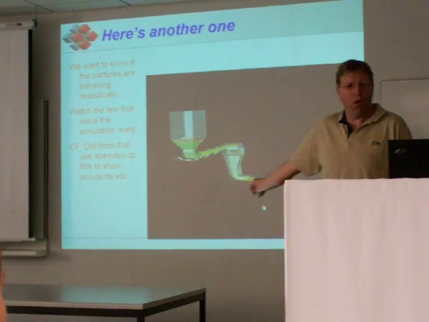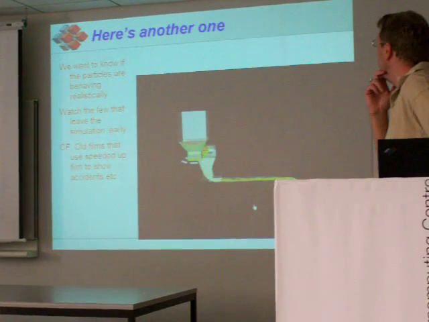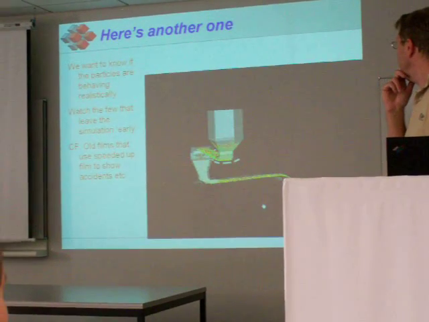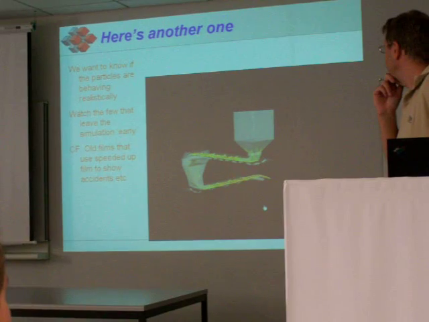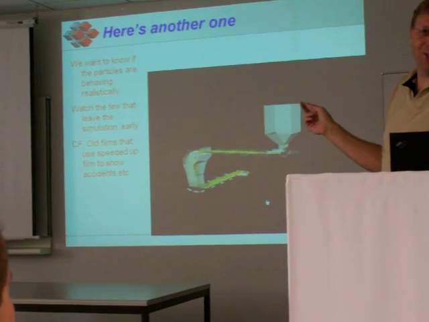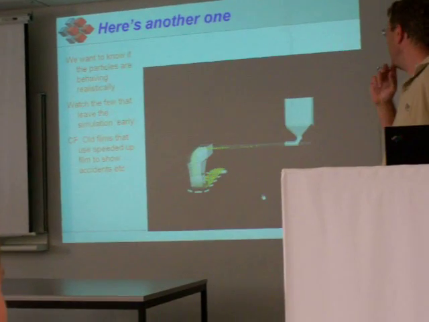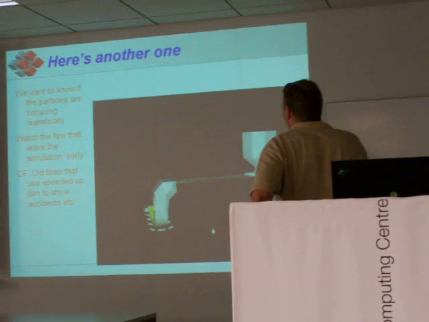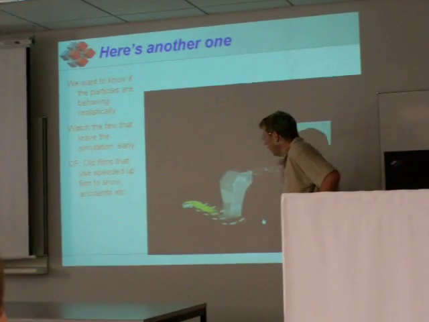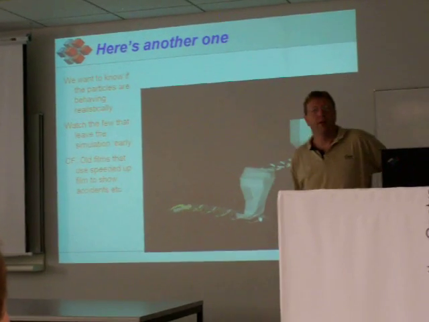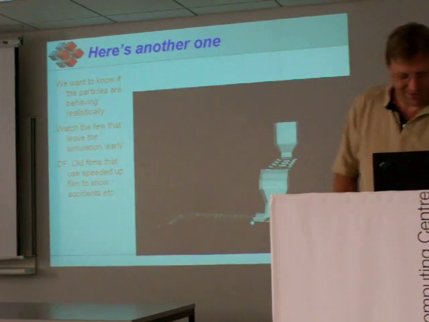I don't actually know why this simulation was run, because it's kind of strange. For fun? It made a very nice picture. I like the animations, but I still don't quite know why. Maybe they just wanted a screensaver. Yeah, exactly.